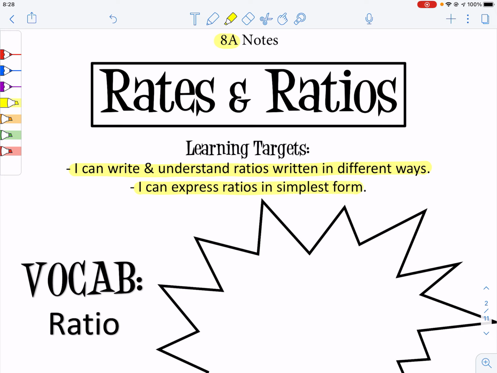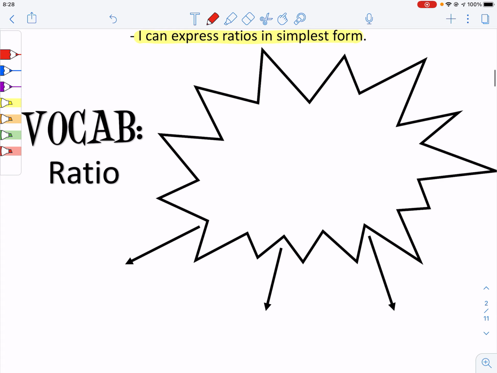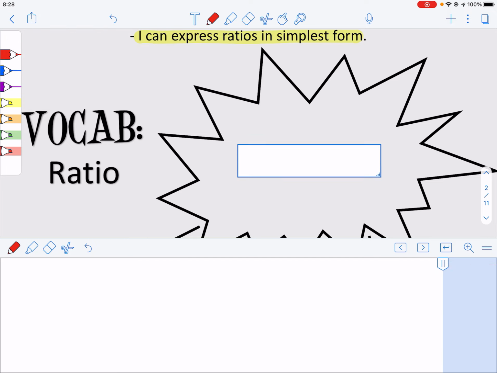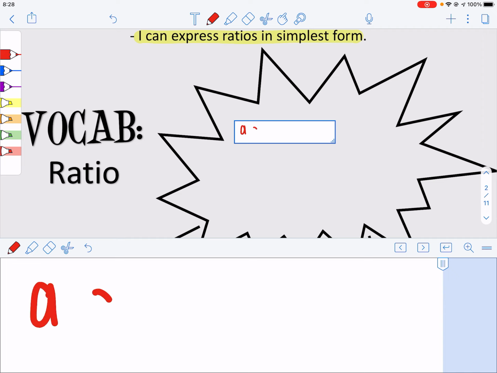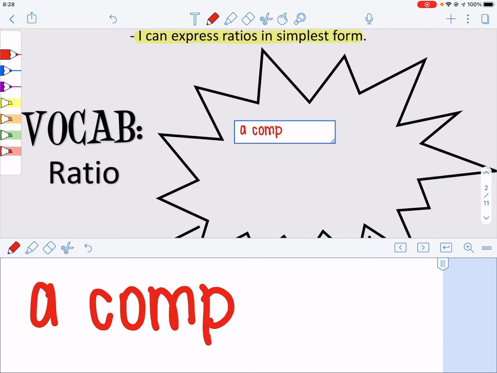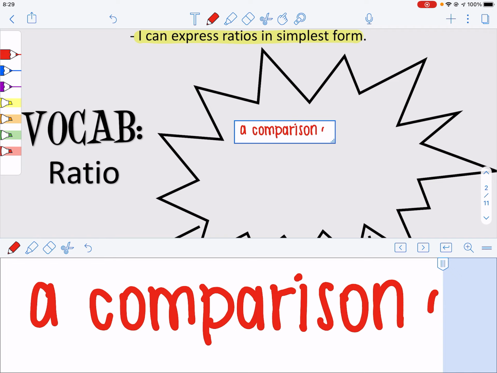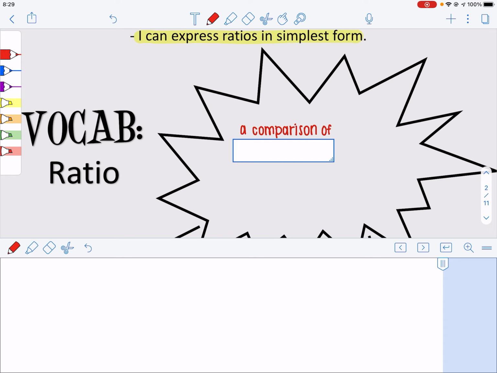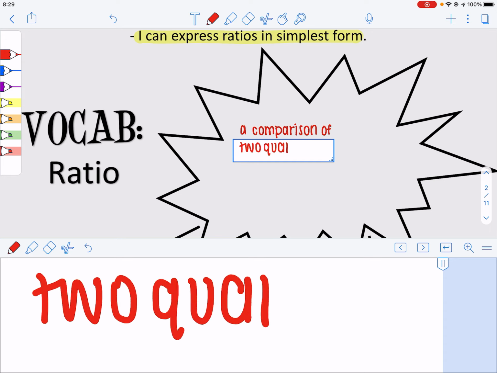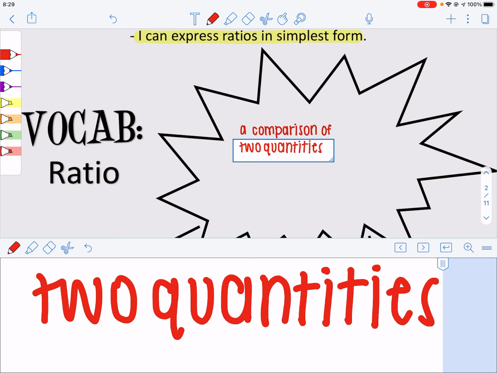Before we talk about simplifying things or writing them, let's first talk about just what a ratio is. In this space where it says ratio, let's write out that a ratio is a comparison of two quantities by division.